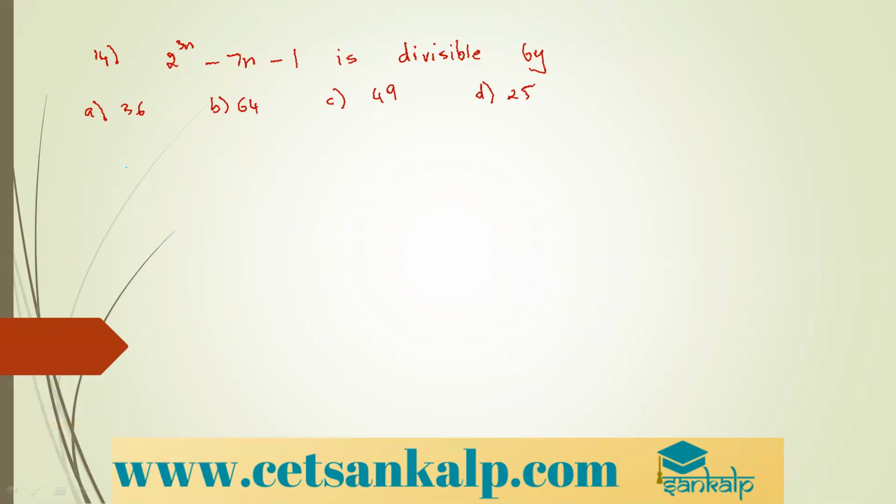So I will take P of n statement as 2 power 3n minus 7n minus 1. I'll put n equal to 1. Then P of 1 will be 2 cube minus 7 minus 1, which will be 0. Of course, 0 is divisible by any number.